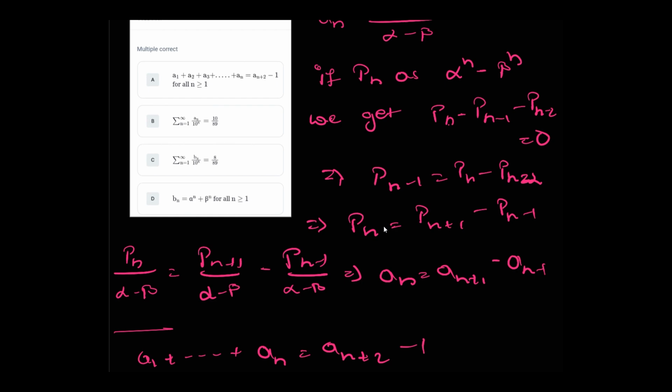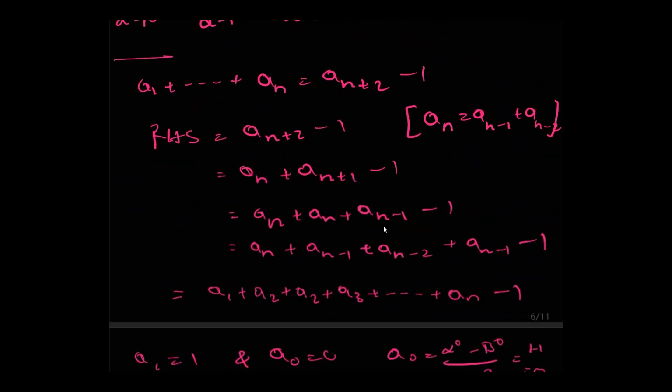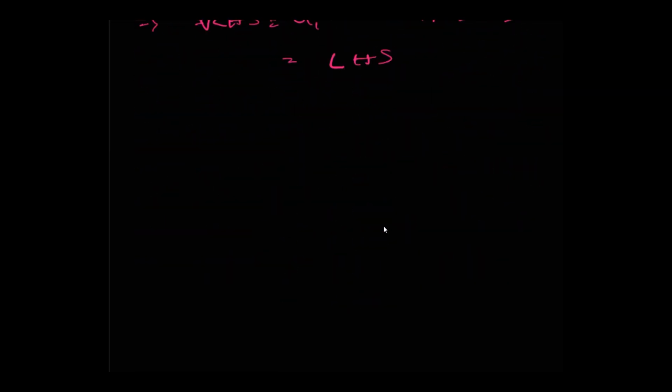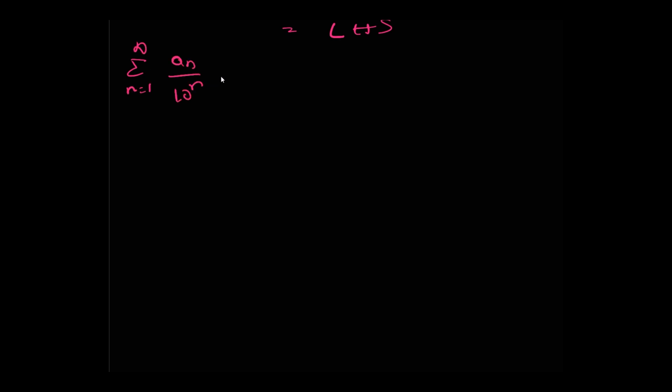What they have said: summation n equals 1 to infinity a_n by 10 power n. Now, a_n equals (alpha power n minus beta power n) by (alpha minus beta).